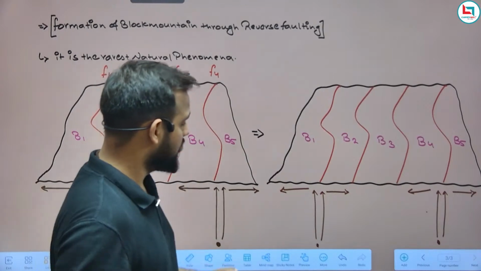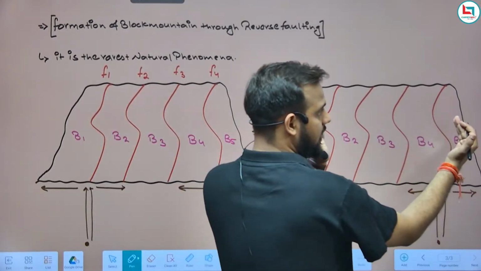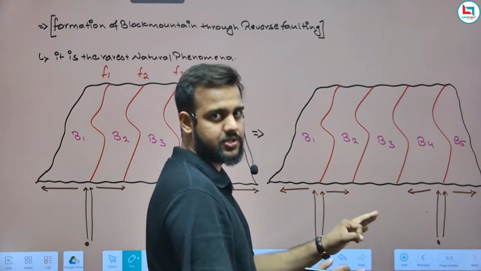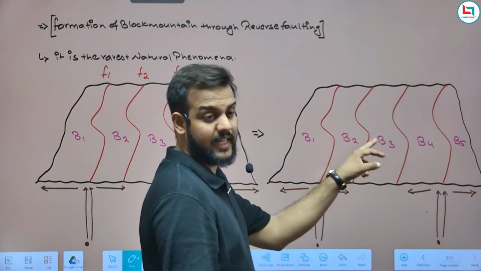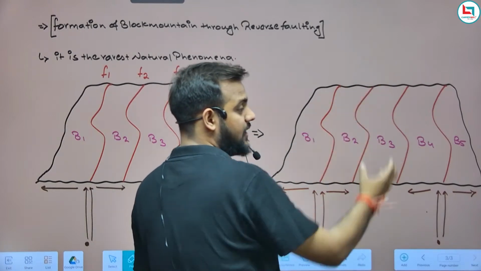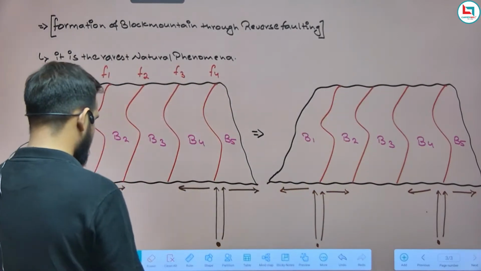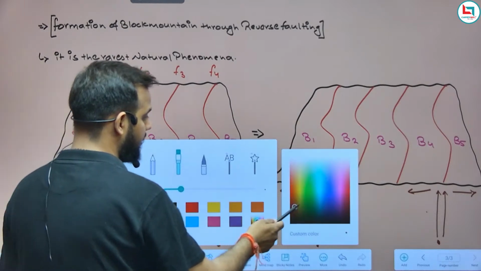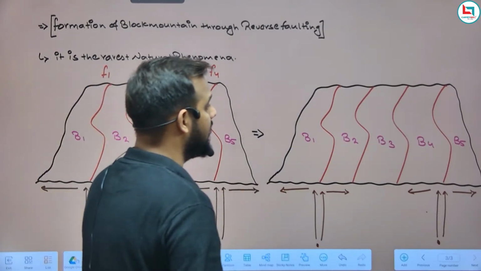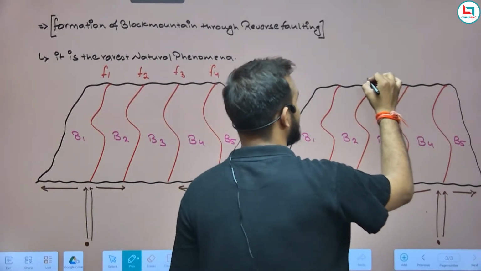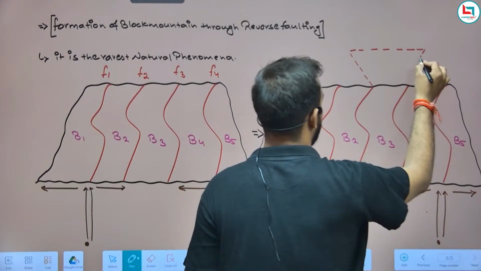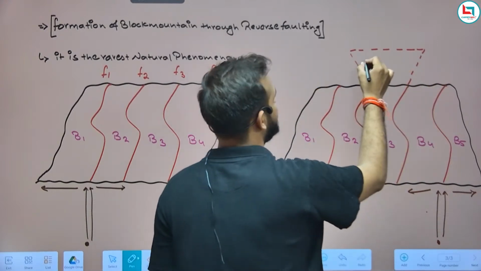When two blocks are converging with each other and B3 is in the static position, mechanical force will increase. Due to this, there will be upliftment in B3, and a pedestal-like structure will form like this, flat land. So this is the pedestal structure.